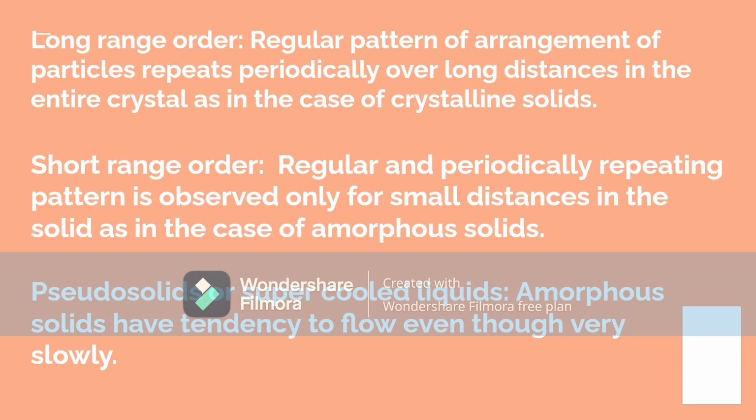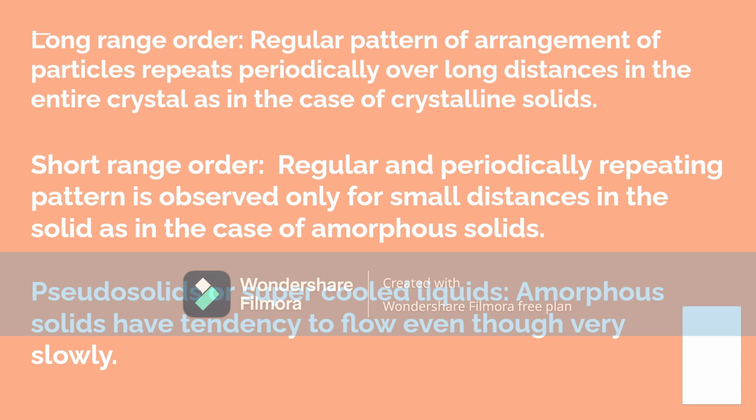Or, after cooling liquids to a very low temperature, solids are formed. You can understand it like that also. So pseudo solids or super cooled liquids are nothing but amorphous solids, and they have a tendency to flow.